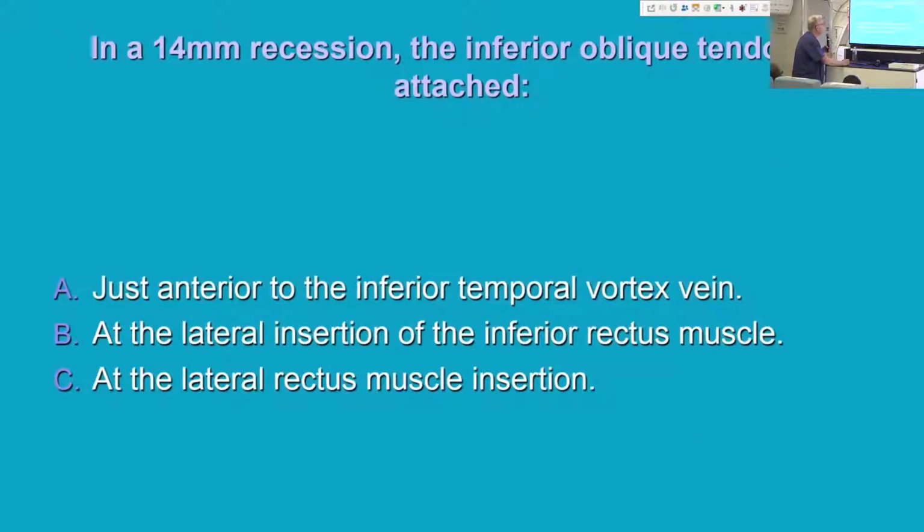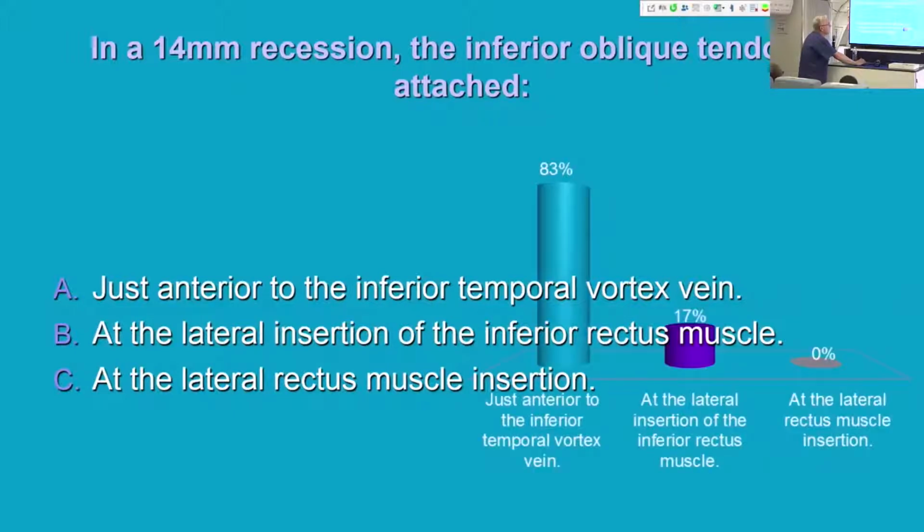In a 14mm recession of the inferior oblique muscle, the inferior oblique tendon is attached where? A, just anterior to the inferior temporal vortex vein, B, at the lateral insertion of the inferior rectus muscle, or C, at the lateral rectus muscle insertion itself. And our responses are coming in. And we will see what we have here.